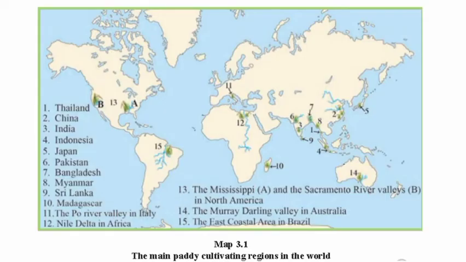From this map, you can identify the main paddy cultivating regions in the world. According to this map, the countries that have been named as 1 to 9 numbers are in Asia. The other areas, which are named as 10 to 15 numbers, are located outside Asia.